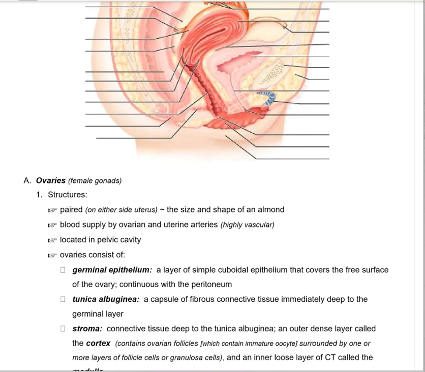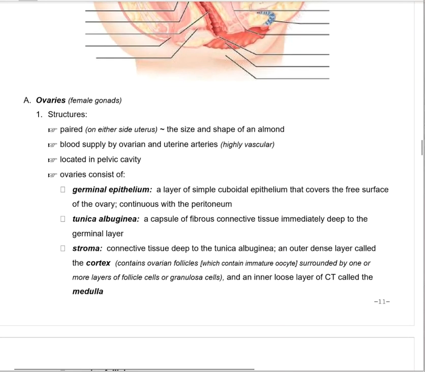Blood supply goes by both ovarian and uterine arteries, and the ovary's structure has a couple different things. There's germinal epithelium, which is just this cuboidal epithelium that covers the free surface of the ovary. It's continuous with the peritoneum, so this is the visceral layer of the ovary.